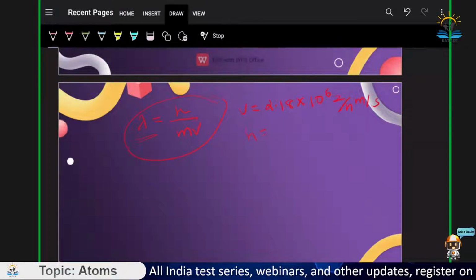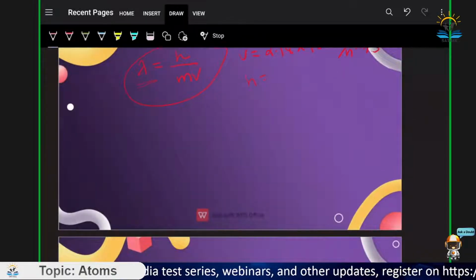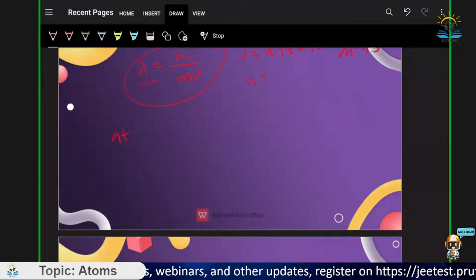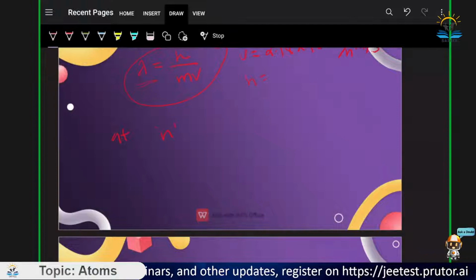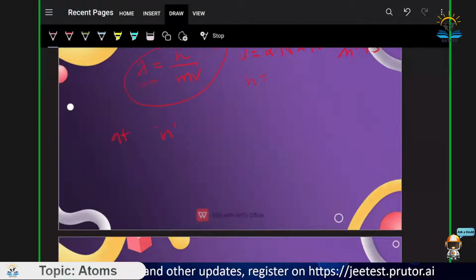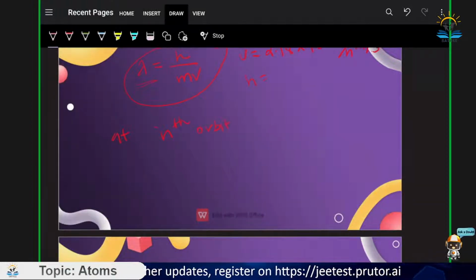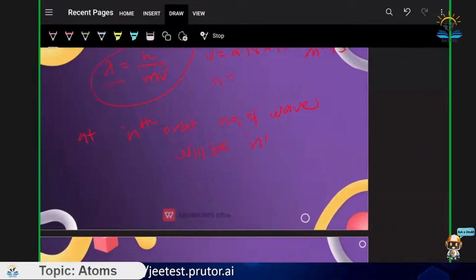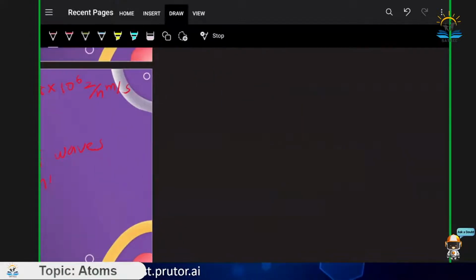At the nth orbit, electrons are making waves, right? The number of waves will be n.